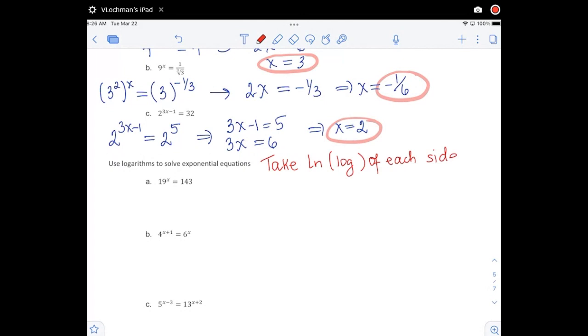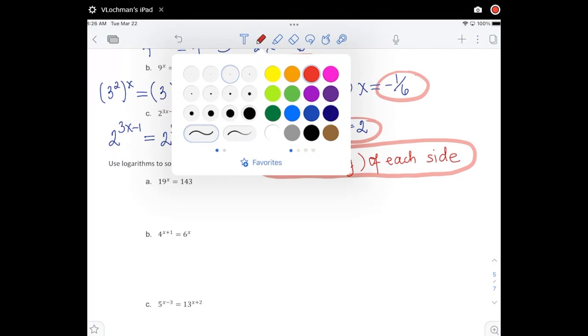They will be decimals, so we will need a calculator to approximate these answers. So that is our trick here. Take natural log or log base 10 of each side of the equation. So let's go ahead and solve these problems.